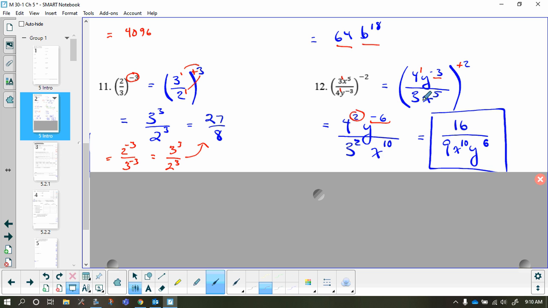And I multiplied it to this one in the exponent from the 3, which gave me 3 squared, and then times this 5, which gave me the 10. And then I just evaluated the numerical parts. 4 squared is 16, 3 squared is 9. But then, because I had this negative exponent in the numerator, I took it to the other side of the fraction and gave it a positive exponent. On to the last two.